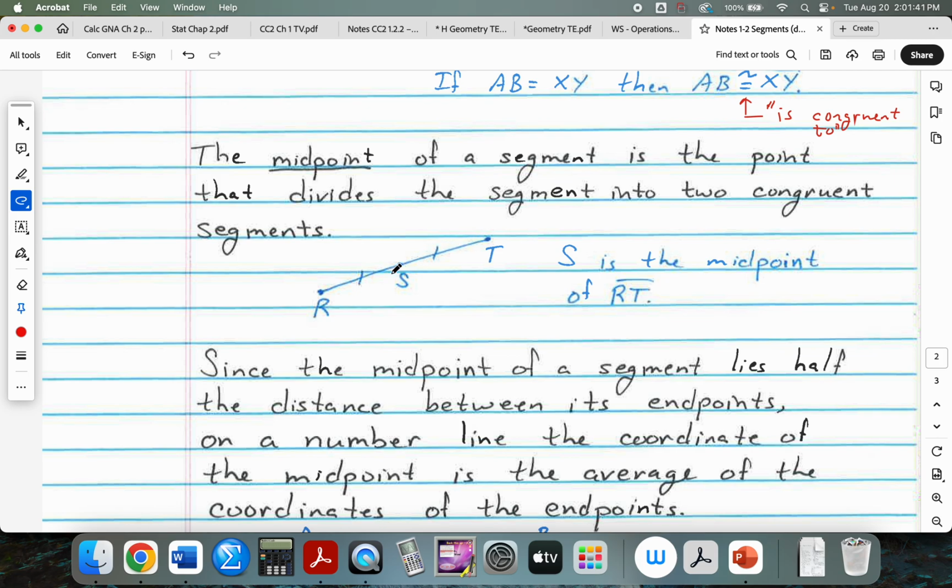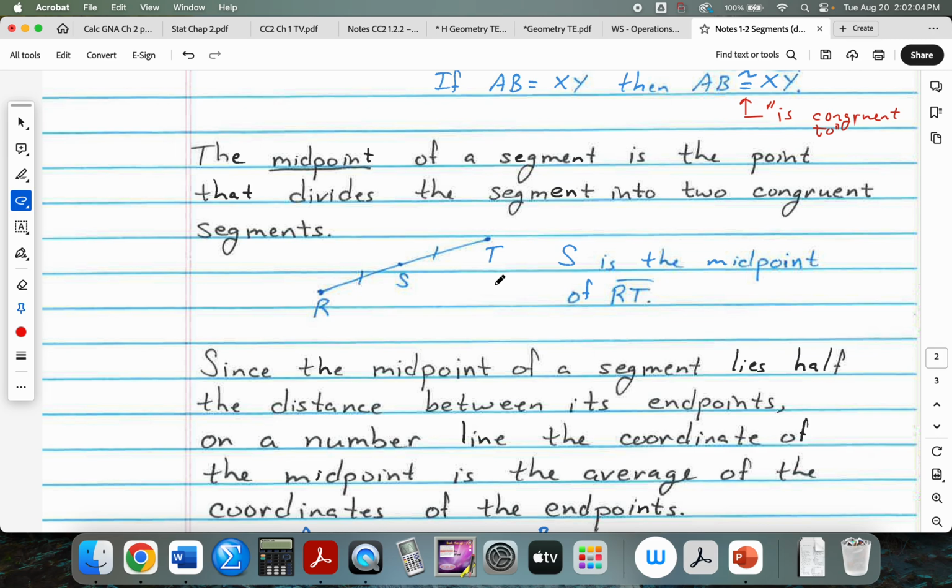That's helpful to you because you don't want to have to go back and read the problem 8 times. Like, what did it say about it? You can just quickly mark the diagram. These two are congruent. So here, S is the midpoint of segment RT. It is the point that divides RT into two congruent segments.